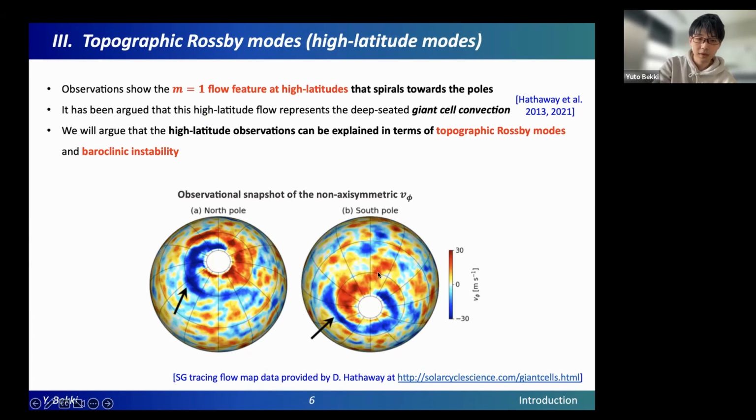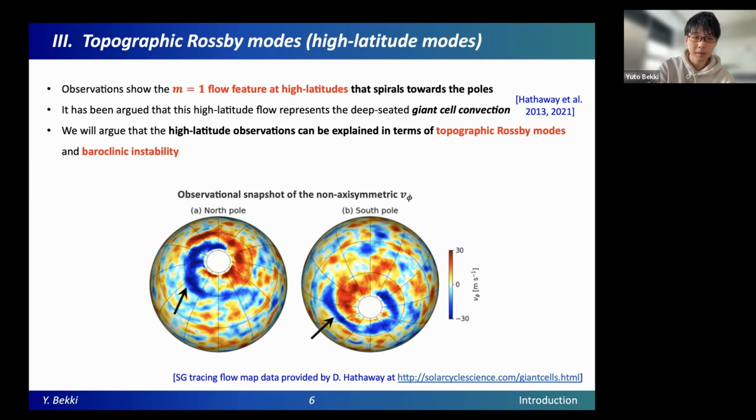Here I show the observational snapshot of the non-axisymmetric component of the longitudinal velocity. And you can clearly see a spiraling flow pattern around the poles, which is largely m=1. In the previous literature, these were argued to be giant cell convection.